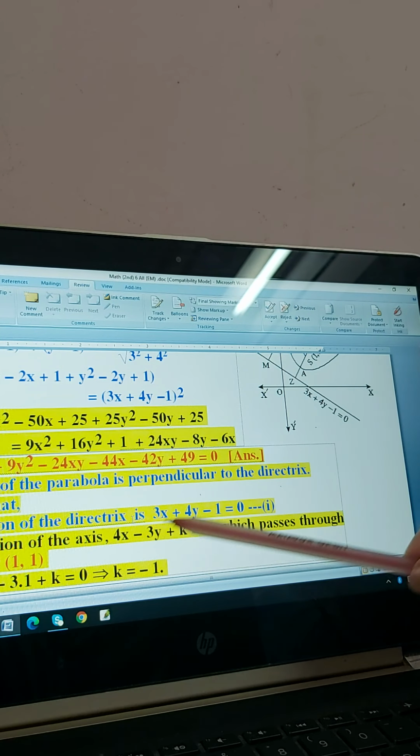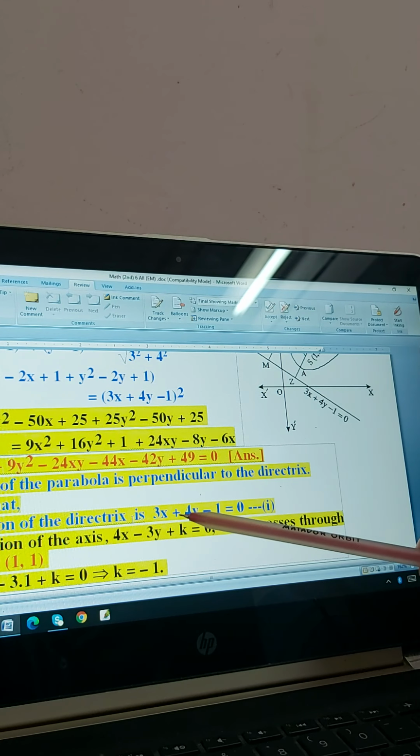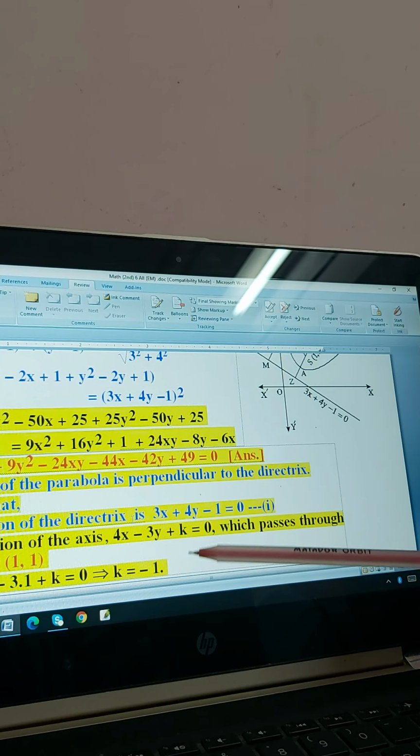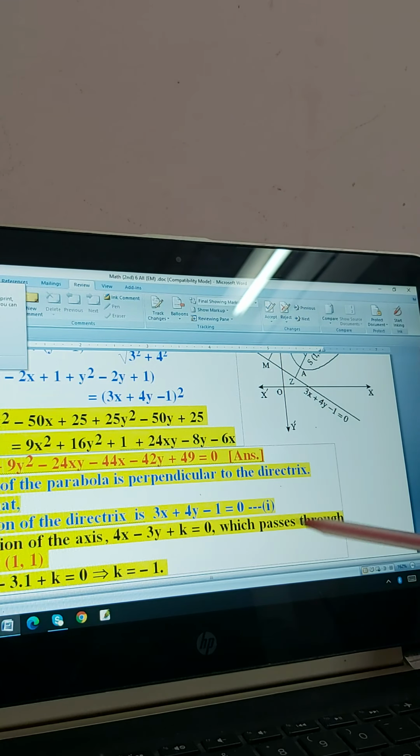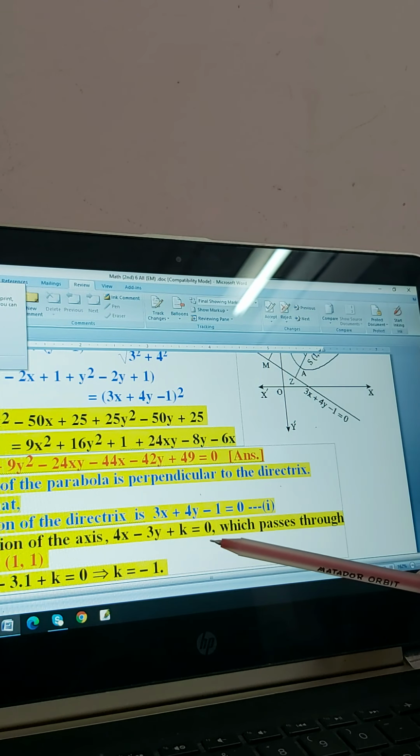Then it will be 4x minus 3y. If there is a plus sign, then it will be minus; if there is a minus sign, then it will be plus. And an arbitrary constant will be added. This is the property of perpendicular equations. We have already discussed it in the straight line chapter, first paper.